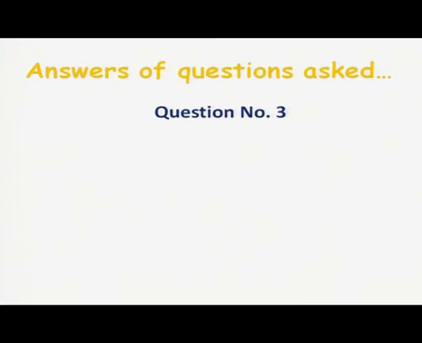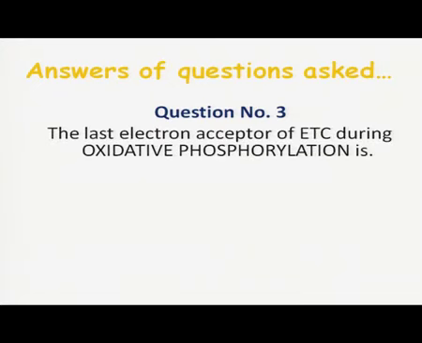Now, the third question was, the last electron acceptor of the electron transport chain during oxidative phosphorylation is. We have already discussed that oxidative phosphorylation, or the electron transport system, is a chain of electron carriers as well as cytochromes. The answer was cytochrome A3.